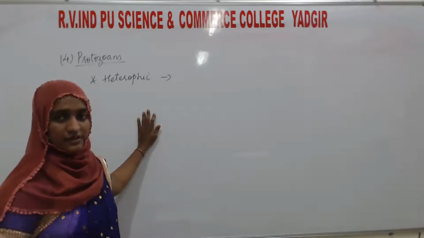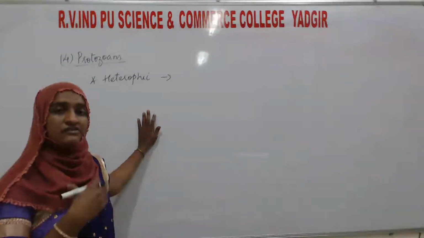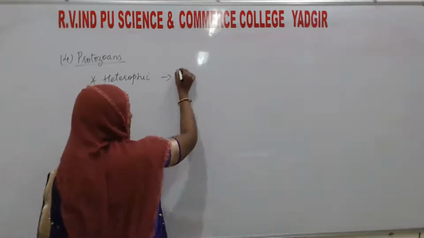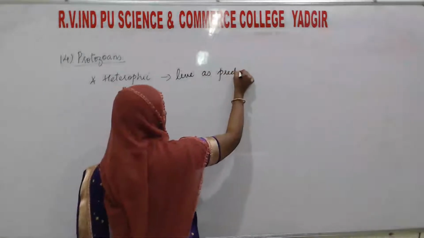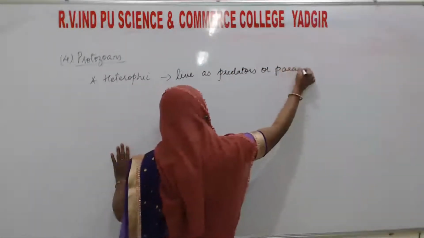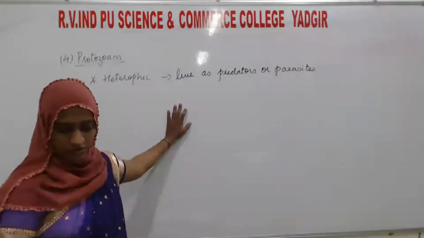Predators feed on others, and parasites live in some other organism's body. This is one point about the protozoans.